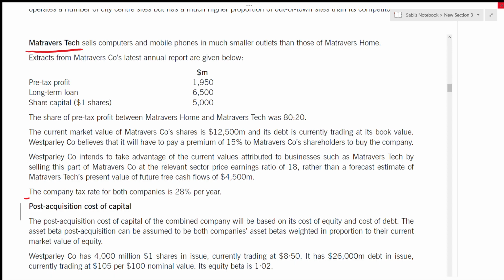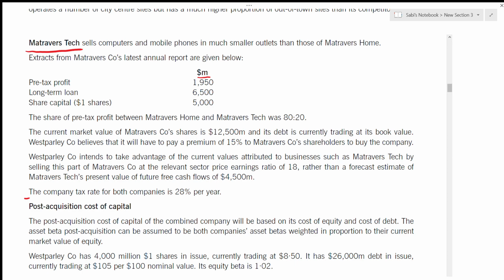Okay, they sell computers and mobile phones. Extracts from the latest annual report are given. Pre-tax profit. Just check whether all these are in millions. You always have to check this part, whether it's in millions or in thousands. So pre-tax profit is given, long-term loan is given, share capital is given.